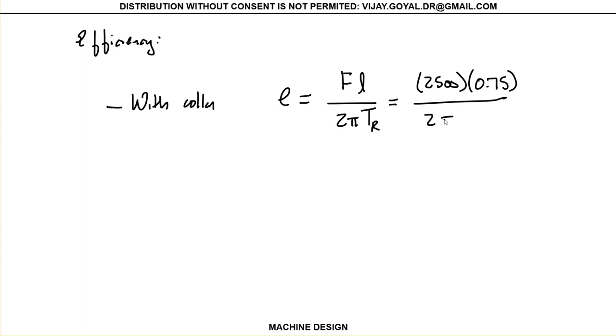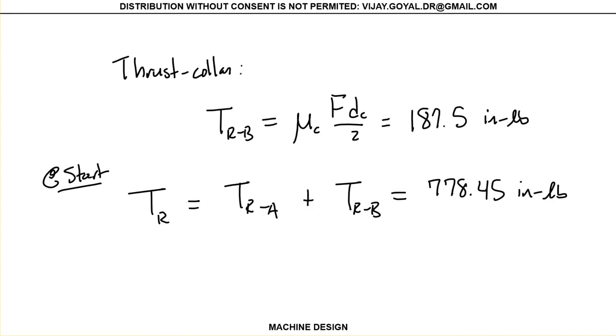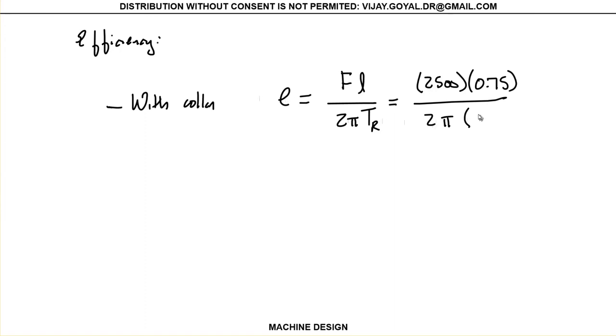This is 2 times pi. And the value that we're going to use is this TRA star, 778, and that would give you 0.383. So this is with the collar.